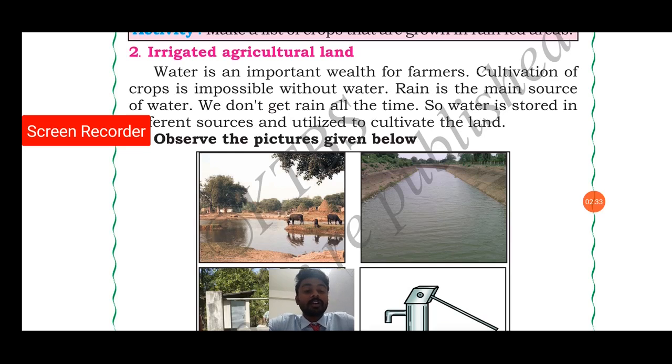Water is a very essential natural resource for crops. Because water is a natural resource, it is very essential for the growing of crops. So all types of crops need water.